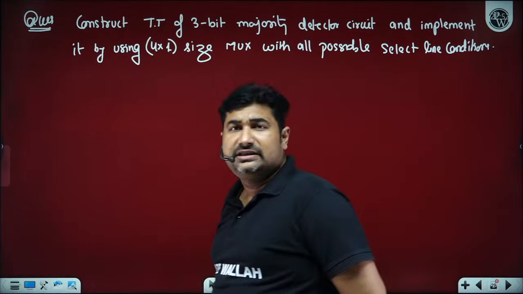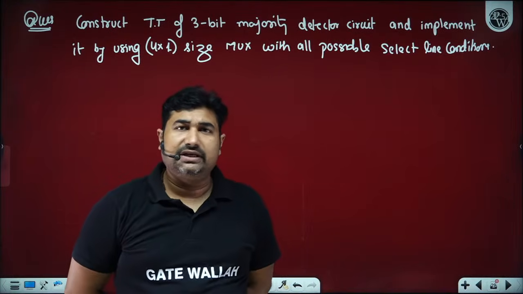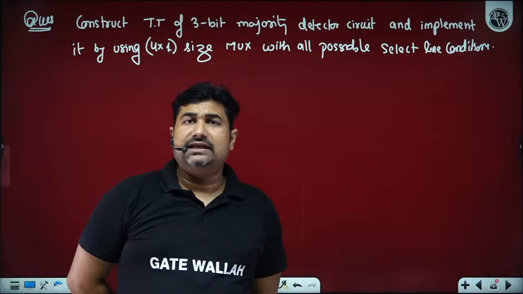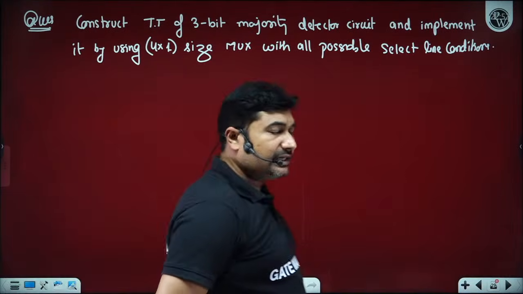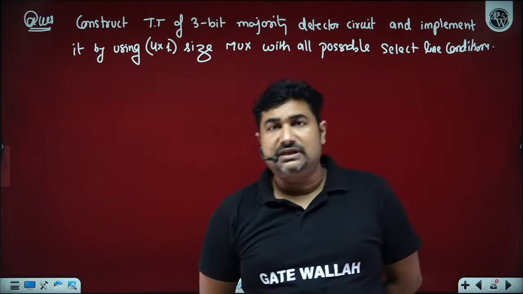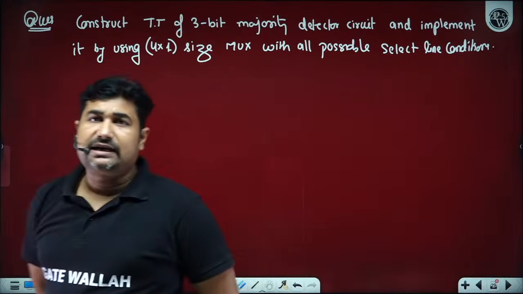If the majority in the 3 bits is 0, we will get 0. If the majority in the 3 bits is 1, we will get 1. First, construct a truth table and then implement it by using a 4x1 size multiplexer with all possible select line conditions.